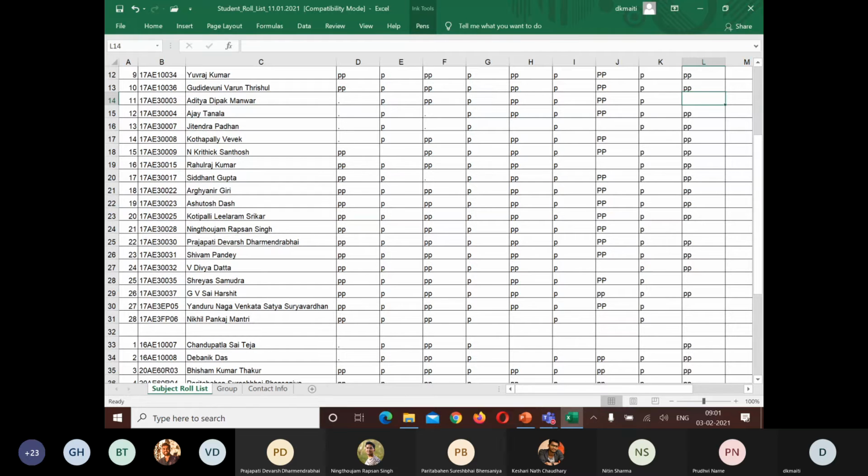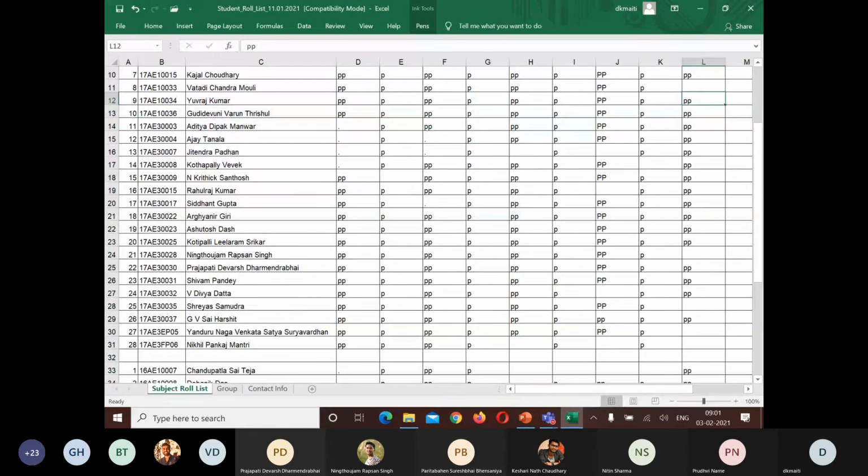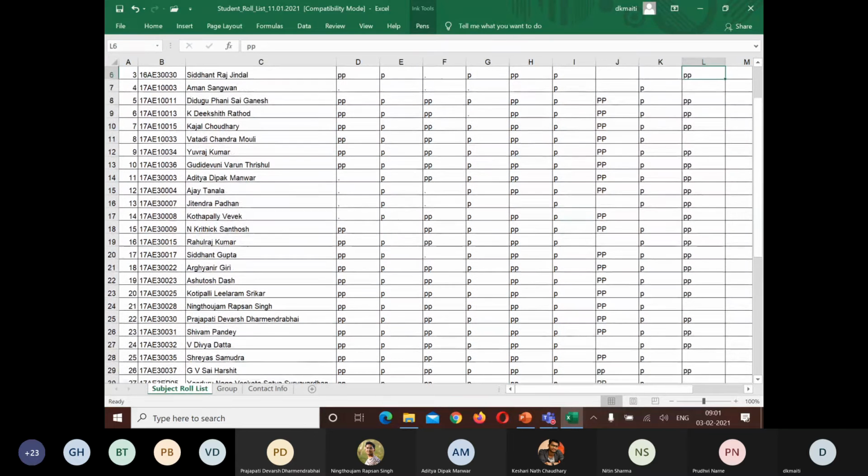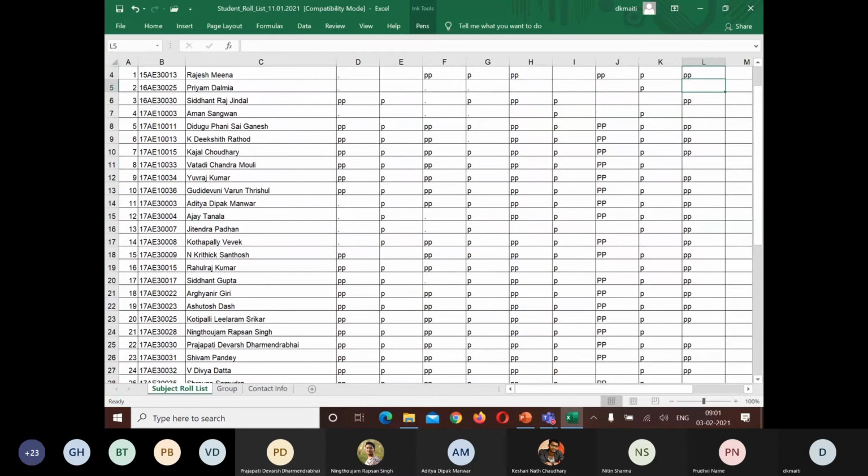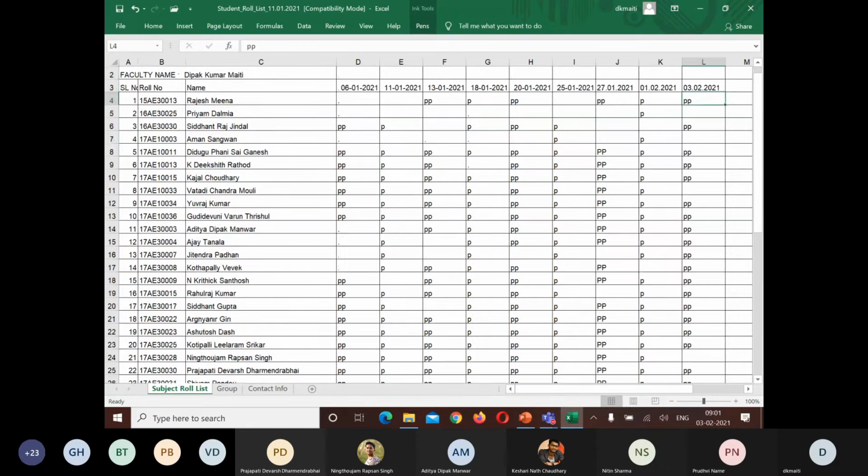Aditya Deepak, present, sir. Chandramouli. Aman Sangwan. Siddhantraj Jindal. No, sorry, Priyam Dalmia. Priyam Dalmia is not there. Okay. Kajal Chaudhary. Sir, Rafsan is here. Rafsan Singh is there. Okay.